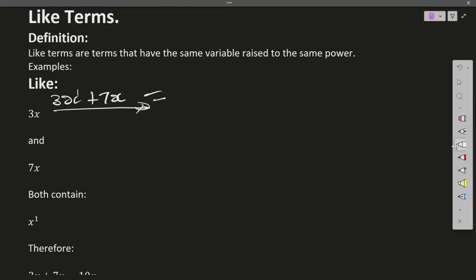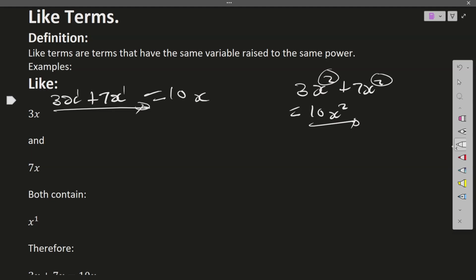Because they have the same powers. Okay. They are raised to the same power, so you can add them. 3x plus 7x makes 10x. So if you had 3x squared plus 7x squared, that would be equals to 10x squared. They are raised to the same power. Okay, same power, you add them.